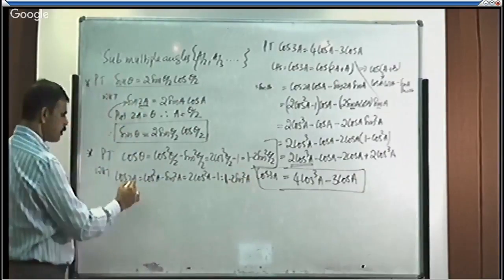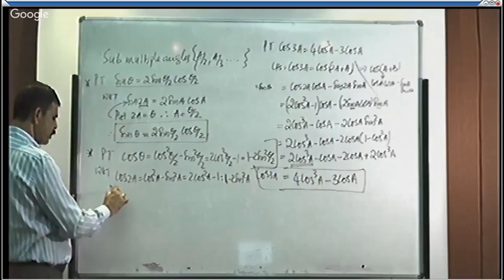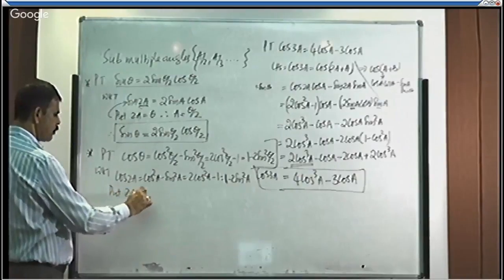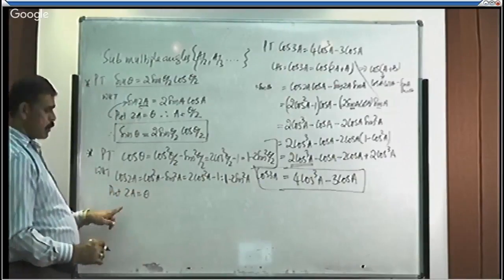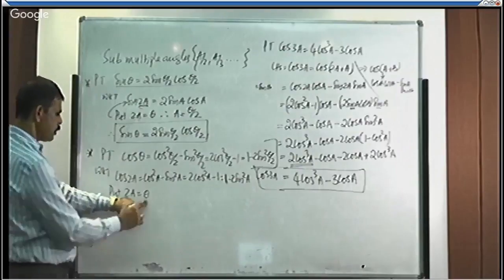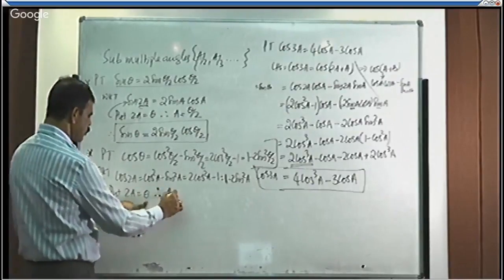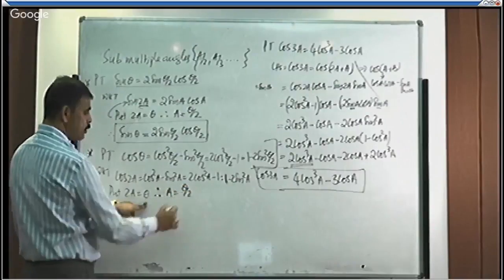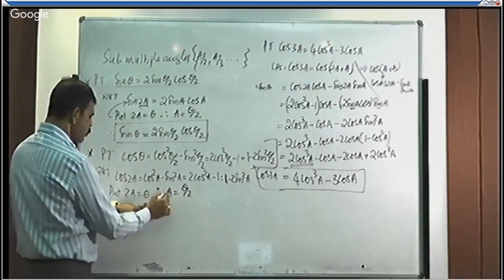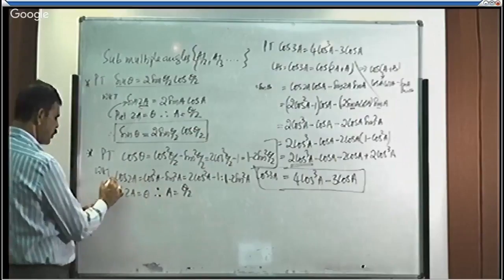In this formula, you put 2a is equal to theta. From this, you reduce for a. Therefore, a is equal to theta divided by 2. Substitute these two in the above equation.